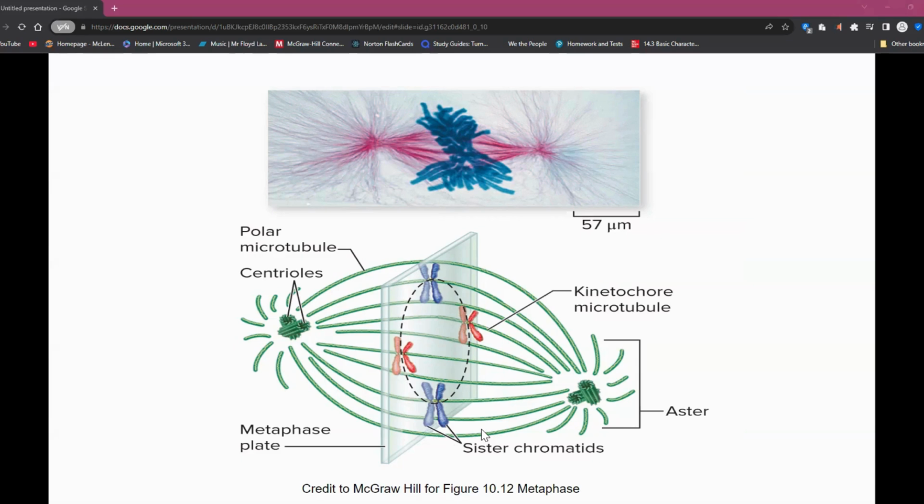Hundreds of protein structures called kinetochores will connect to the polar microtubules, and they're arranged perfectly along the metaphase plate. As I mentioned, you can imagine these as hooks that will hook and separate the sister chromatids from each other.